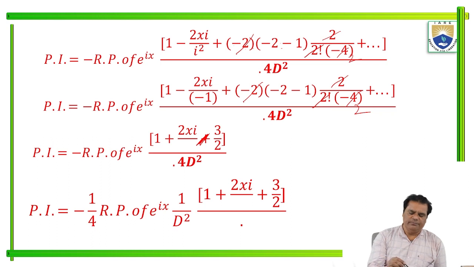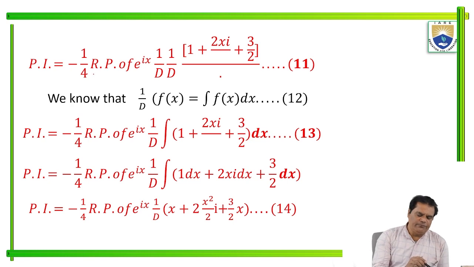So this is minus plus and minus 3 by 2. So now here 1 plus 2xi upon, minus this plus, so this plus and minus 3 by 2. There is a minus sign, upon d square, 4 taken here is d square.